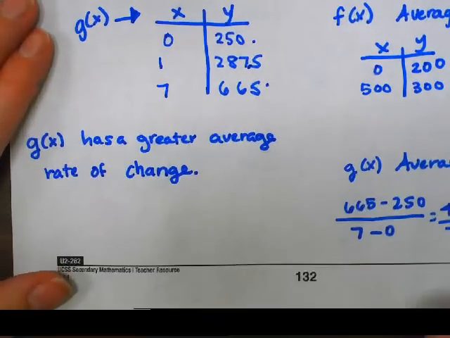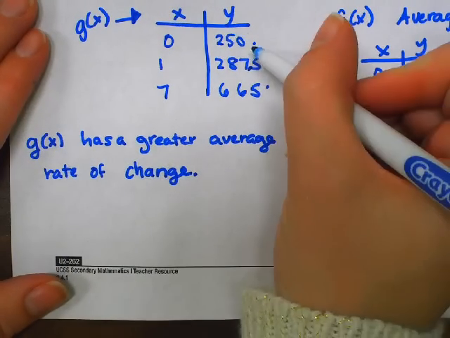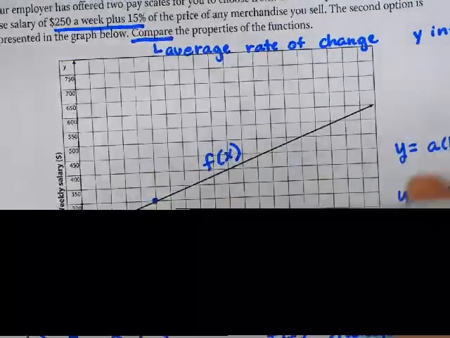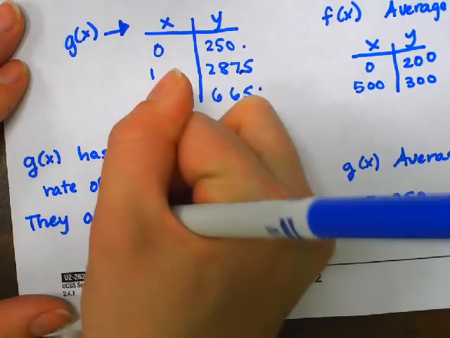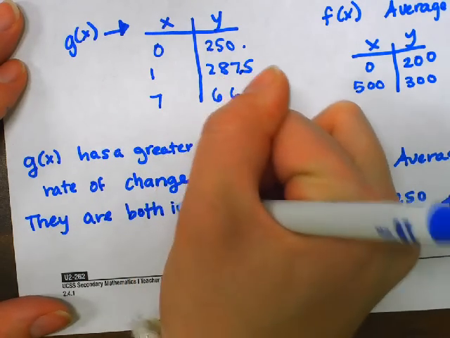Are they both increasing or both decreasing? Well, if I look at the numbers in my table, they're definitely going up. And if I look at my picture, it's going up. So I want to say they are both increasing.